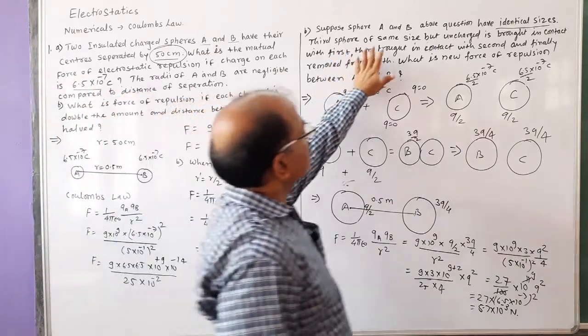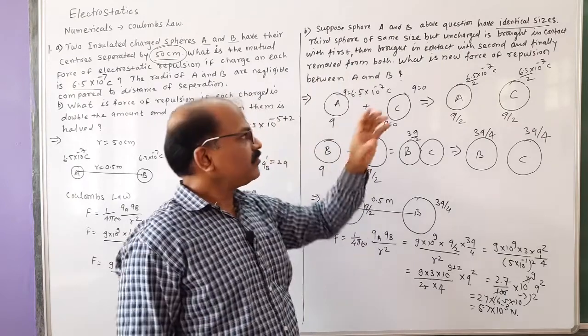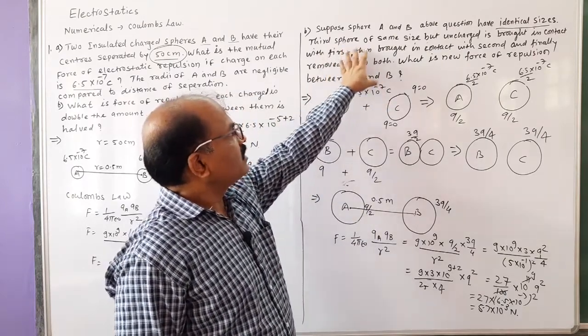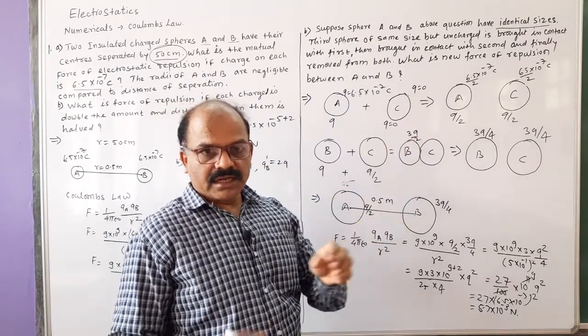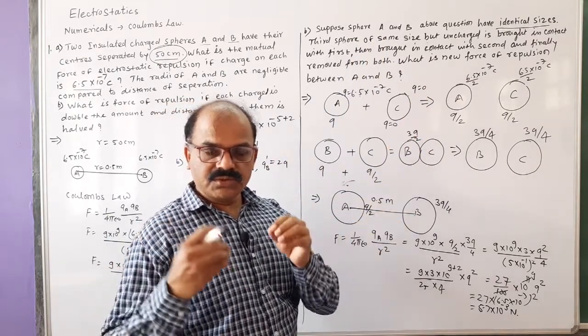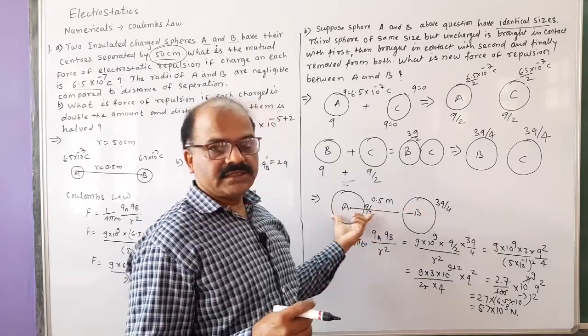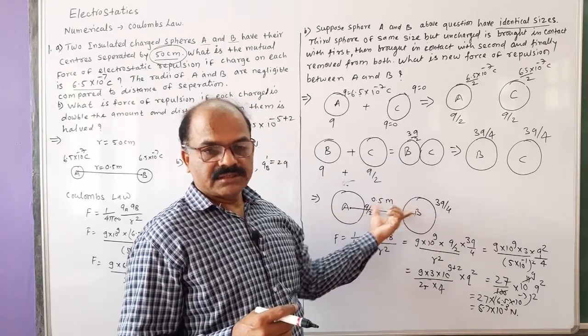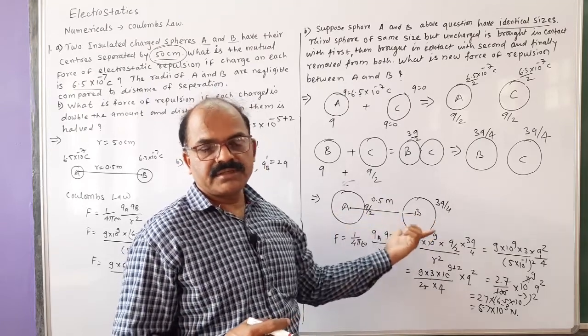In the second question, A and B are identical, and a third sphere which is uncharged touches A, is again separated, and then touches B, and again A and B are placed at a distance of 50 centimeter. So what will be the electrostatic force of repulsion between them?